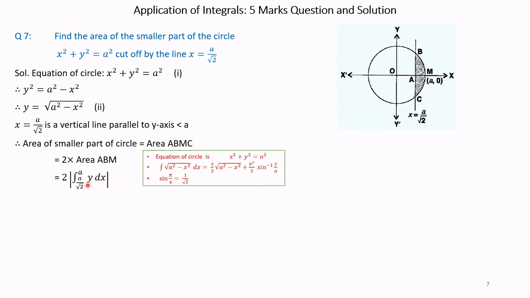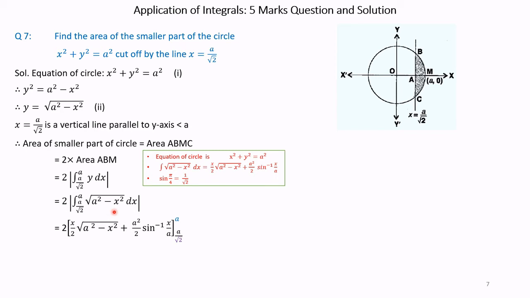Now we will put the value of y from equation number 2. Therefore, y is equal to square root of a square minus x square, into dx. We have substituted in the previous equation, and now this is the standard integral and we have to use the sine inverse formula.